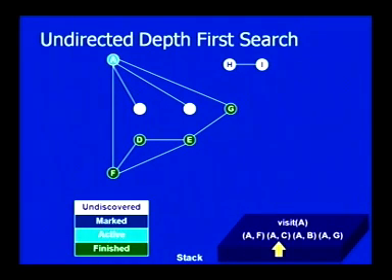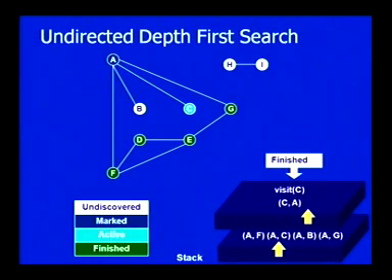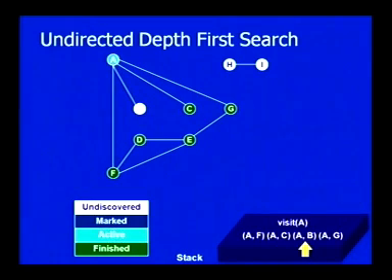Now you come to A comma C. C is a newly discovered node. The neighbor of C is A. A is already marked. There are no more entries, so this is finished. You simply pop it off.